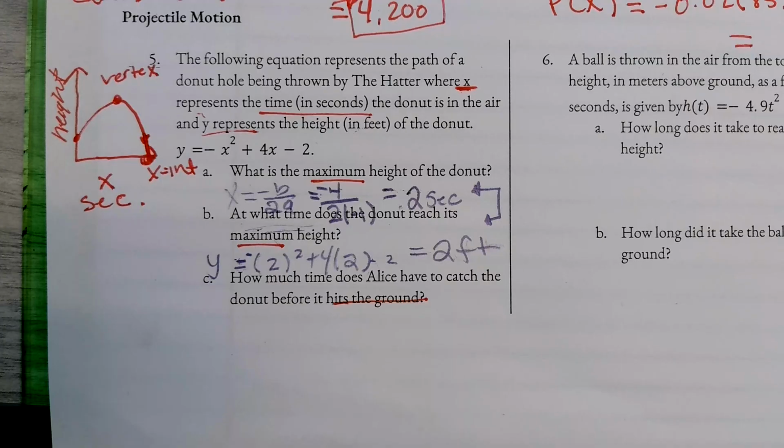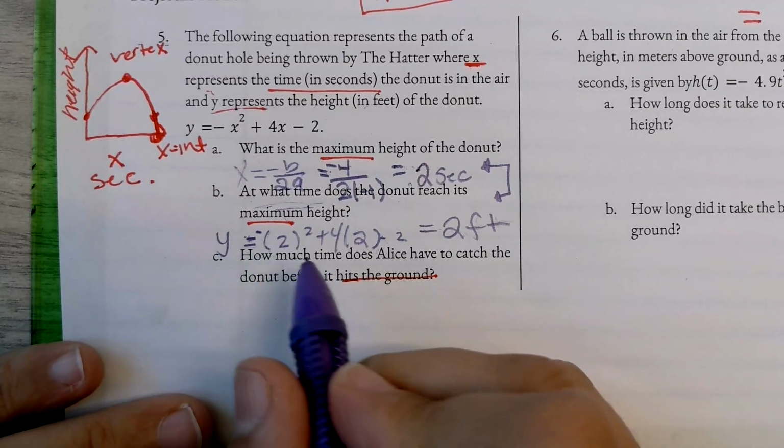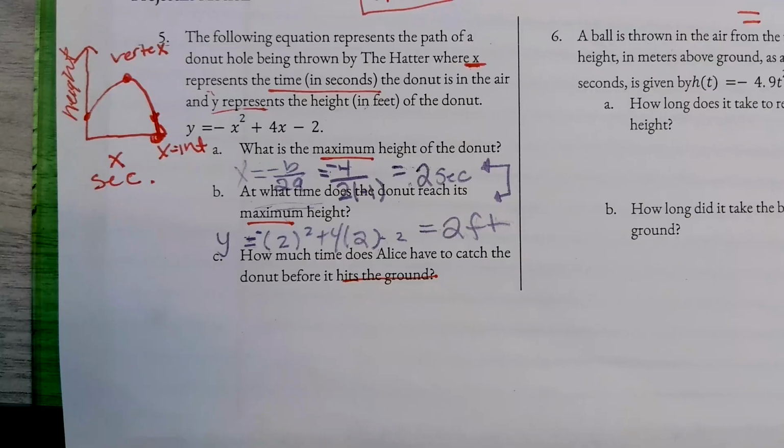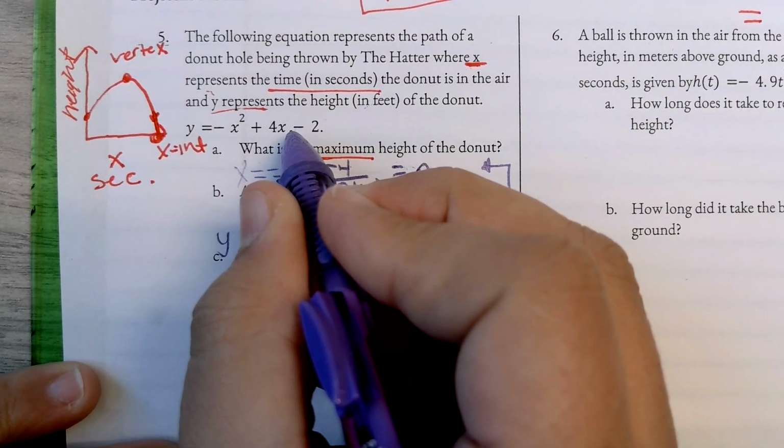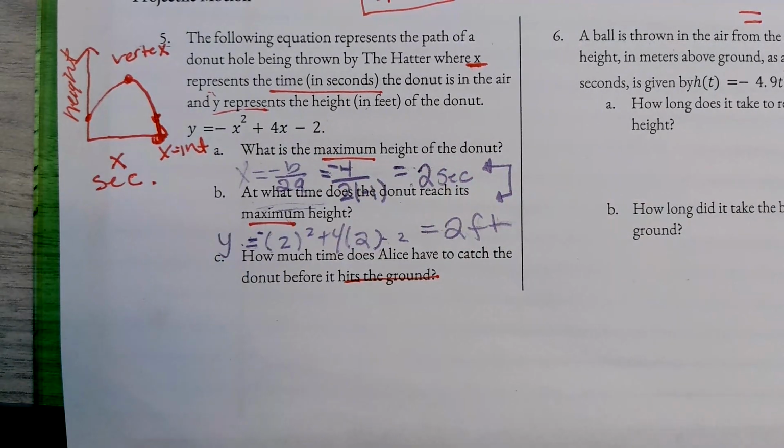Now if I want to know how much time Alice has to catch it before it hits the ground, that's where we have to solve or factor. But it looks like I can't factor because 2 times 1 is prime, and I will never get a 4 here.